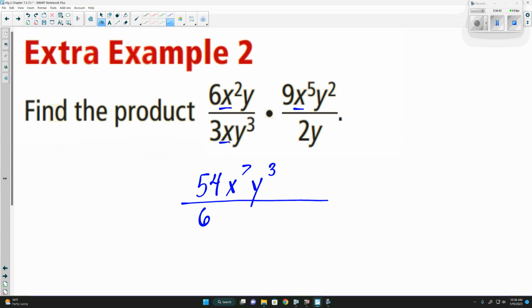We don't have any in the second, so we will just have 1x. We have y to the third times y, which will be y to the 4th. Questions on this so far?